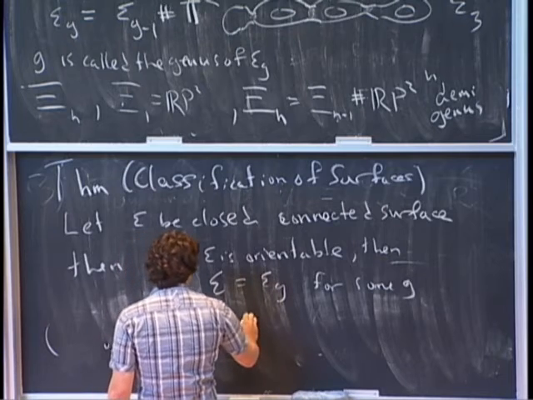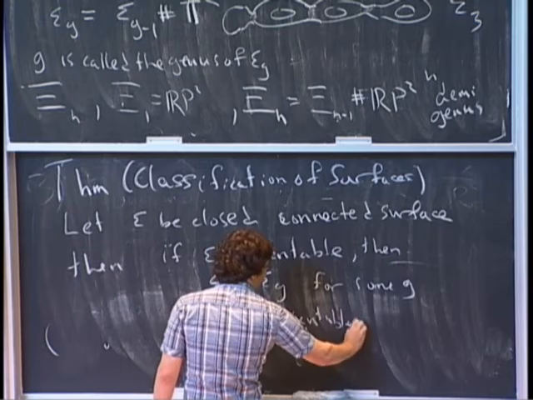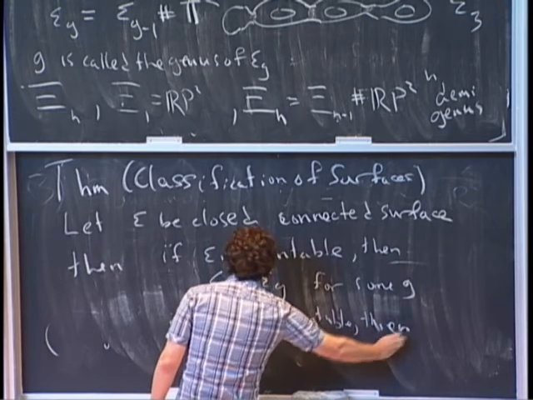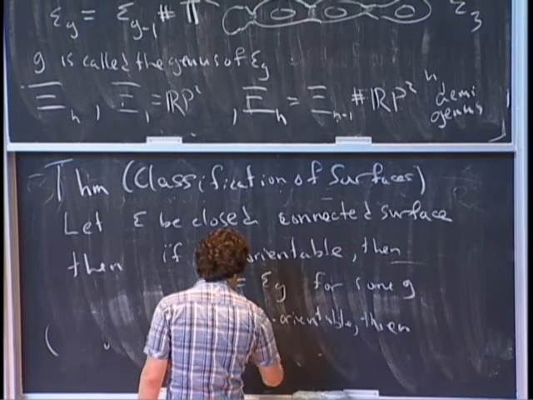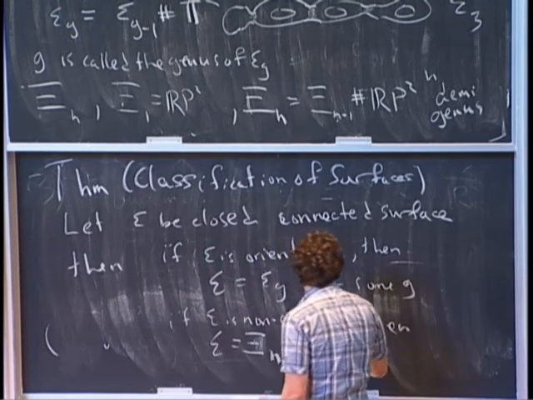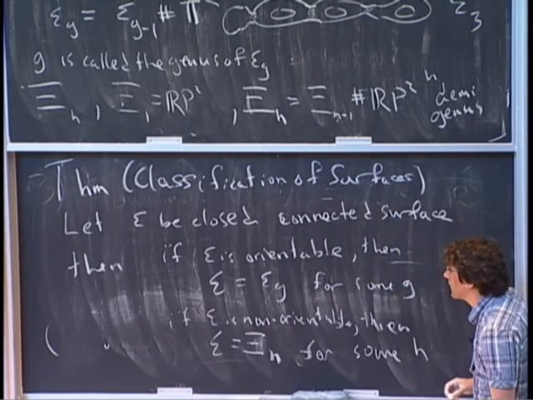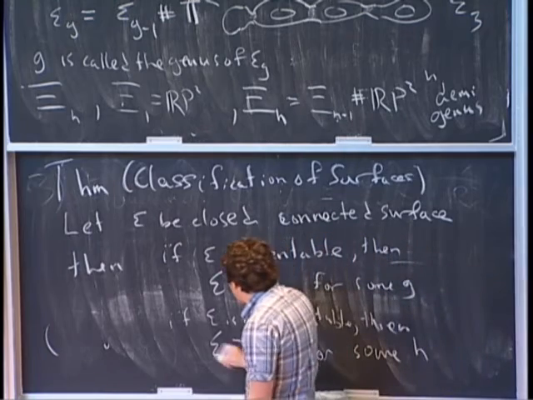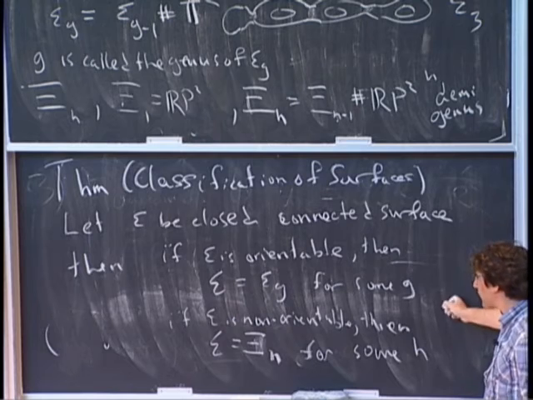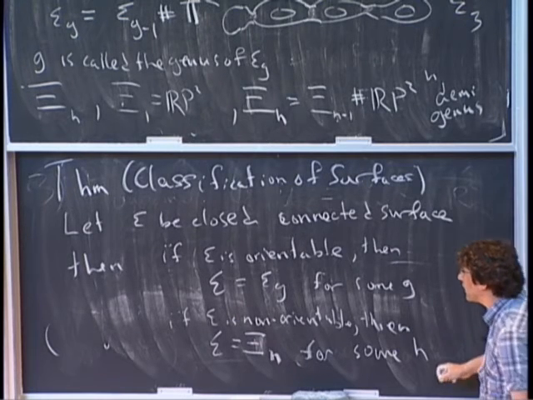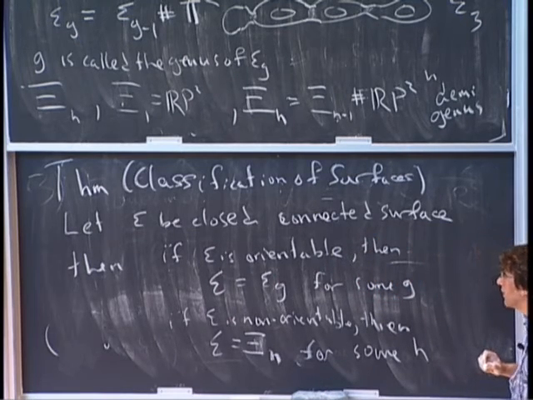If sigma is non-orientable, so it does not admit such an atlas, then sigma equals chi h for some h. OK. We have a complete description of closed surfaces, which is, as I said, essentially an integer invariant determines them, along with the parity, whether they're orientable or not.